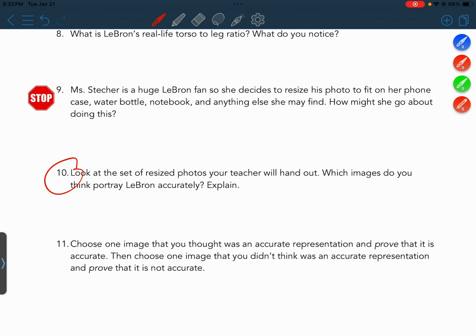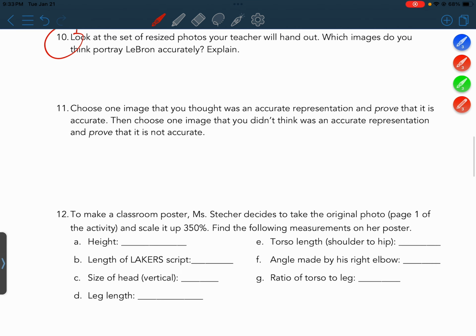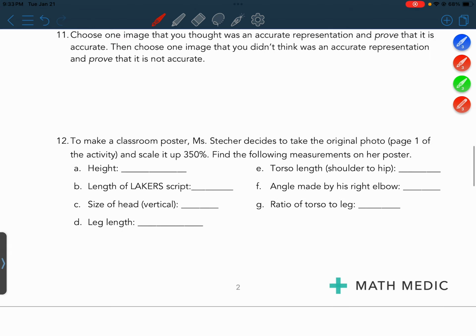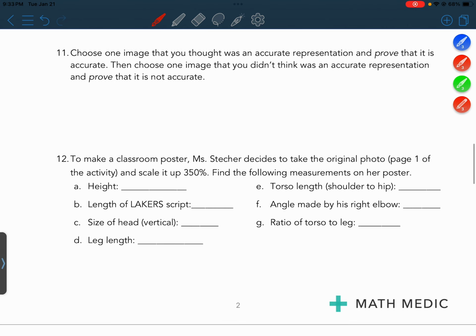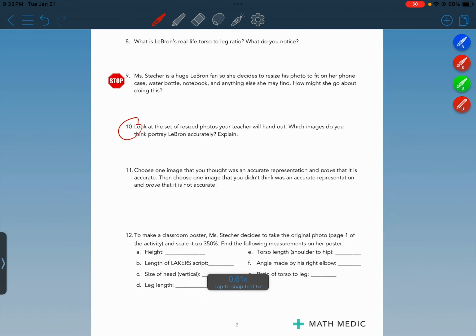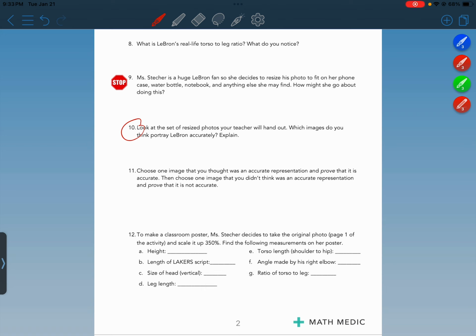So raise your hand when you're ready to do question 10, and your guest teacher will give you that handout. Okay, I think that's all I needed to say. So pause the video here. Let's work for about another 15 minutes. Somebody can set the timer and then unpause this video in 15 minutes.